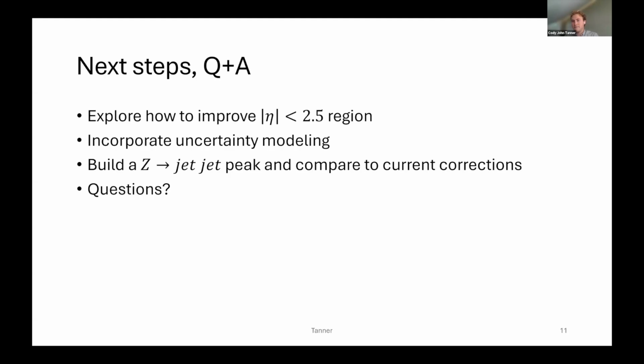Yeah, Gordon. I just wanted to say, Cody, despite my absence and travel schedule, you made a huge amount of progress. You kept saying we did this, we did that in your talk, but I want to make it clear to everybody that it was you that did all of the work with very minor guidance from myself.